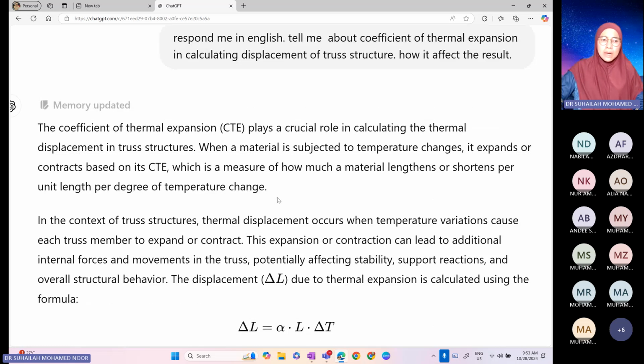Okay, macam yang saya, dalam video hari Jumaat group B punya video, saya dah letakkan dalam group Telegram. Saya explain tentang frame analysis about changes in flexural rigidity. Yang ni saya cerita tentang effect of temperature changes.